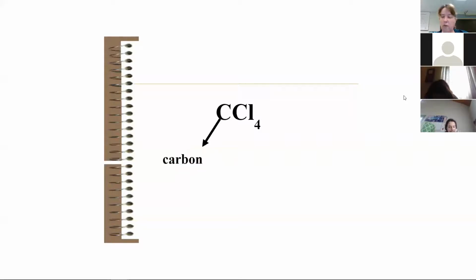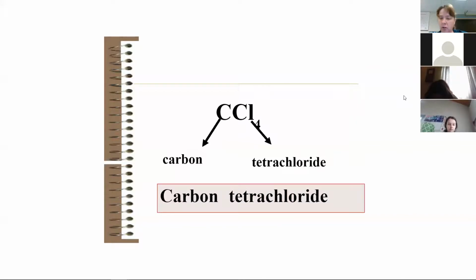So this is just carbon. And then the 4 stands for tetra. And the Cl is chlorine, but we change it to chloride. So carbon tetrachloride. And that's really all there is to it. It's really just a matter of learning the patterns and then practicing.